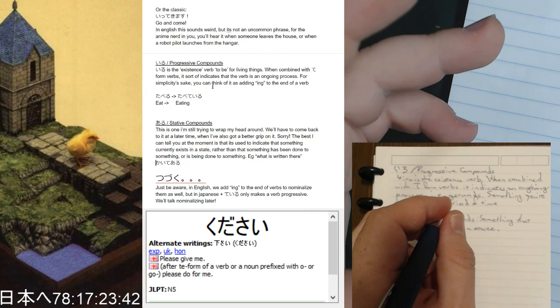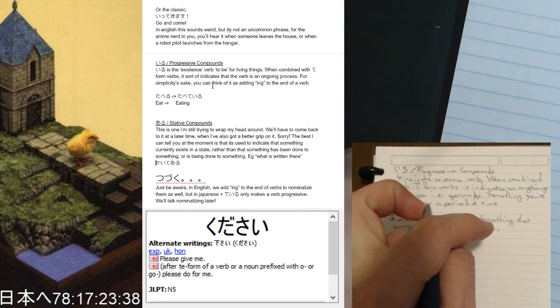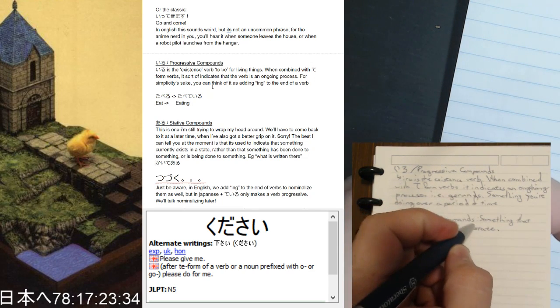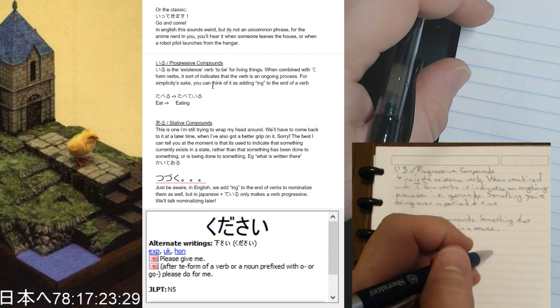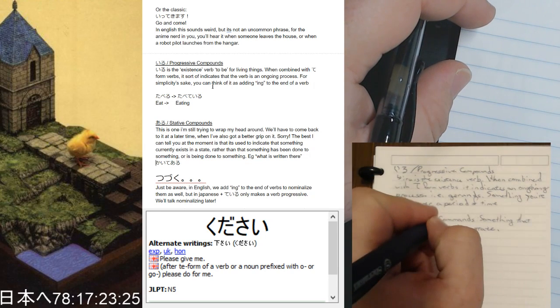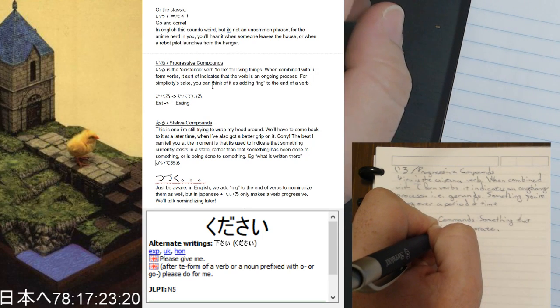Does that make sense? Yes. Because it sort of does to me, and at the same time doesn't. I don't know if it's because it's a different language or not, but it feels passive versus active. But there are other ways to do passive and active in Japanese as well.